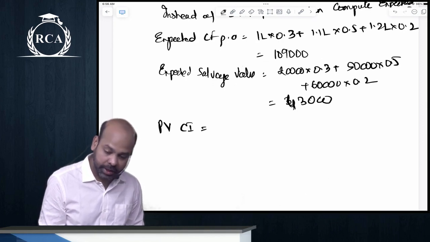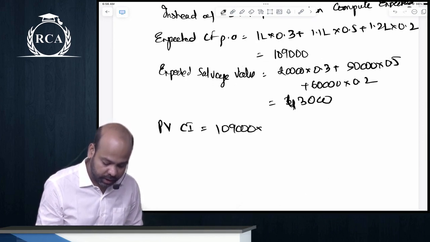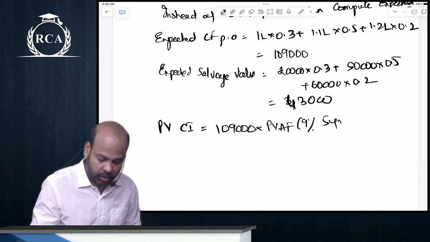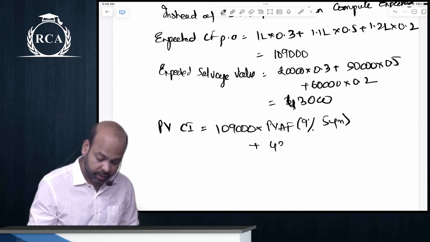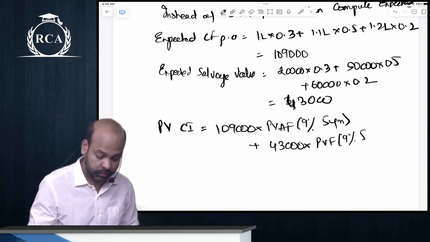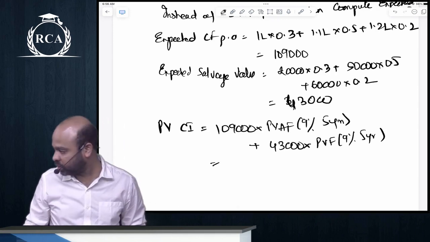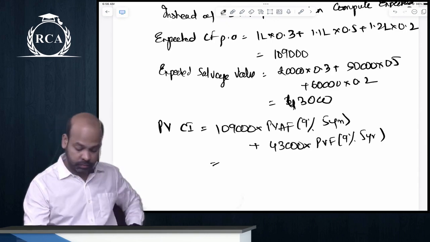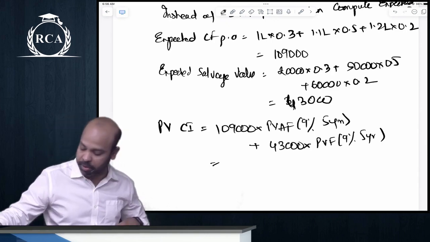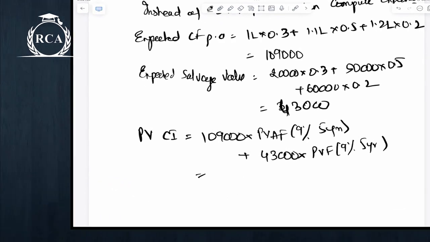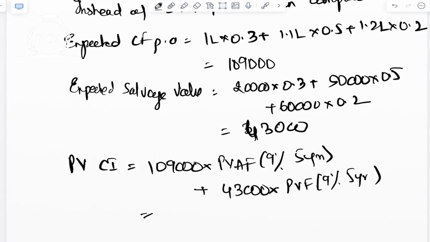Present value of cash inflows, but I'll directly discount 1,09,000, guys. Remember, the discounting rate is 9% now and not 10%. Salvage value is 43,000. How much will this be, guys? 1,09,000 multiplied by the 9% annuity factor for 5 years, and 43,000 multiplied by the 9% factor for the 5th year.